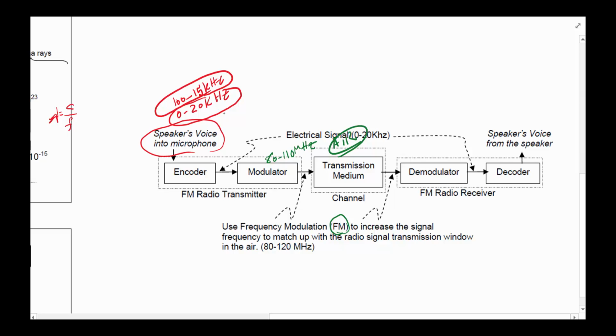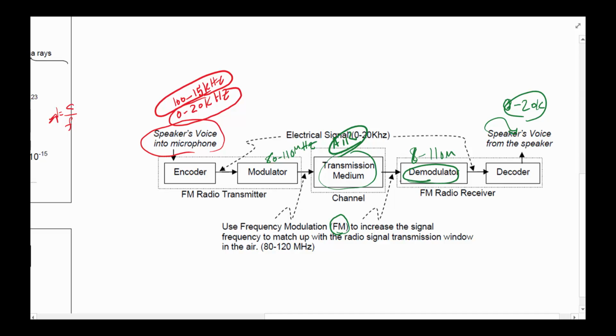The way we do that is we use our knowledge of Fourier transform and all that. Then, of course, the transmission medium for us would be air, and then I have to take it from this 80 to 110 megahertz and bring it back to where human hearing between 0 and 20 kilohertz can hear it. That's where we do demodulation.